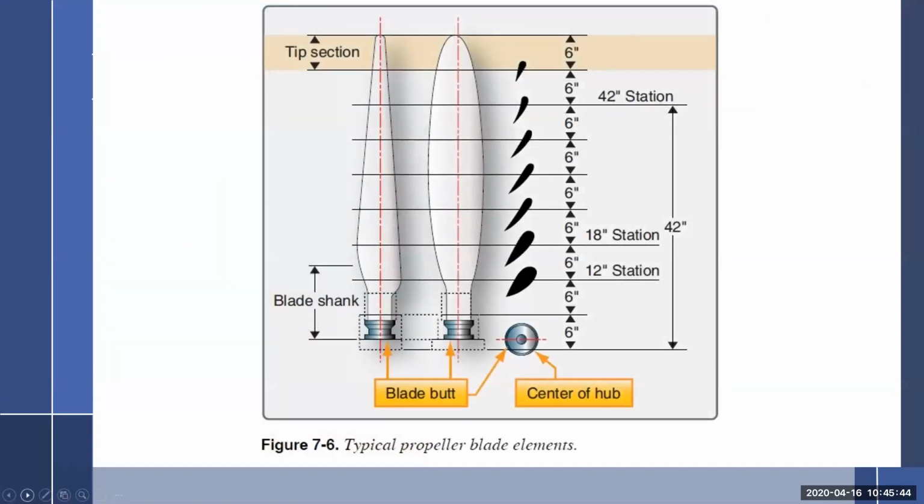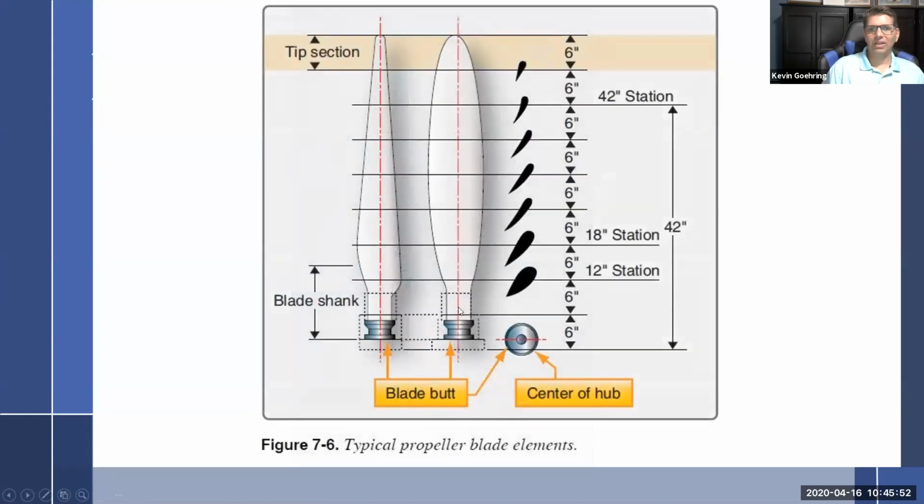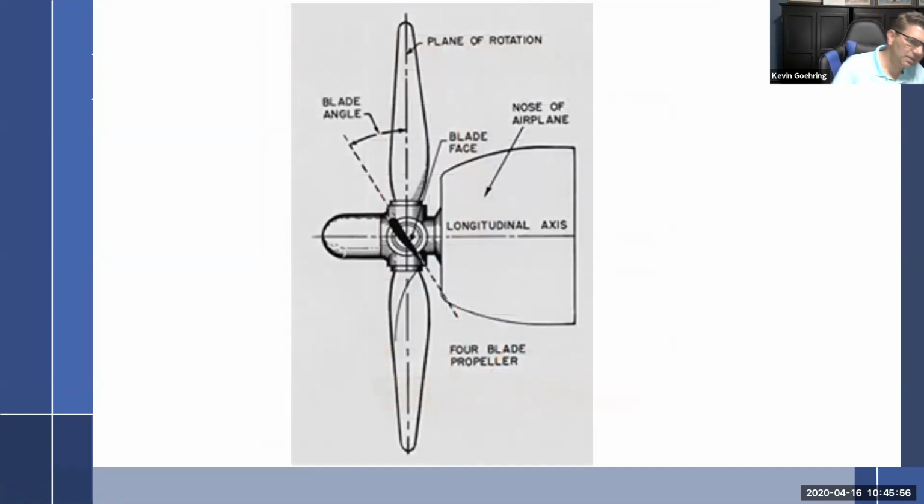We talked about our blade station theory, our element theory. We now know that blade stations are every inch from the center line going out. We talked about blade angle and how blade angle is not pitch. Pitch is how far a blade goes forward in one revolution.